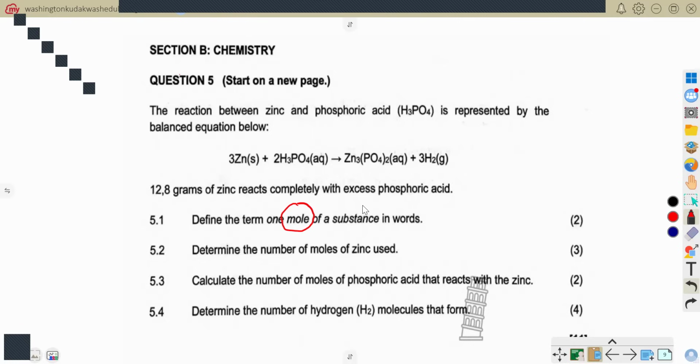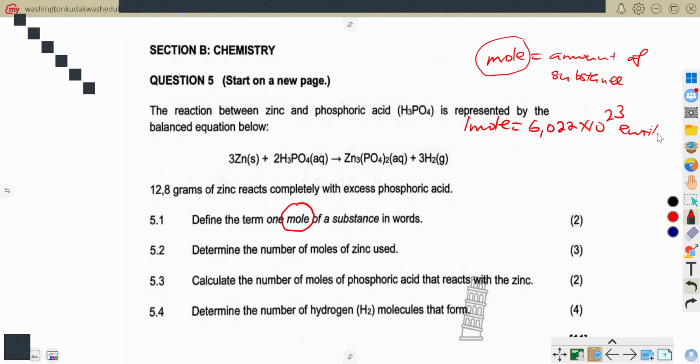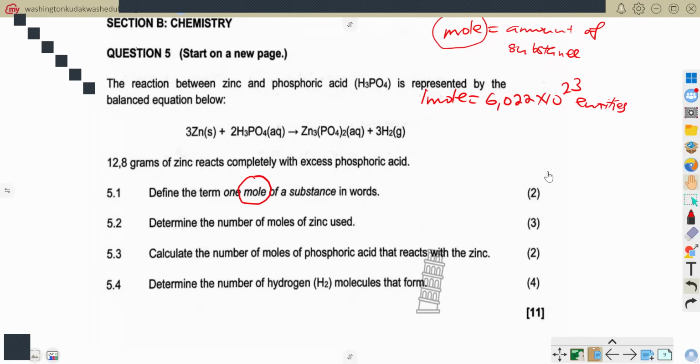So a mole represents the amount of substance, and it is the unit of measuring it. Now, what does 1 mole represent? 1 mole represents 6.022 times 10 to the power 23 entities of that substance.